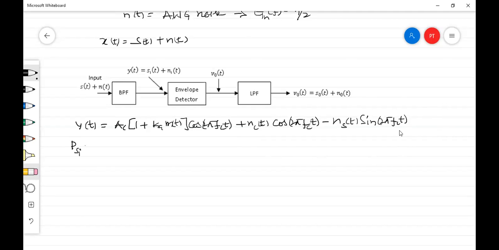Power of input signal is simply the mean square value of the signal component.